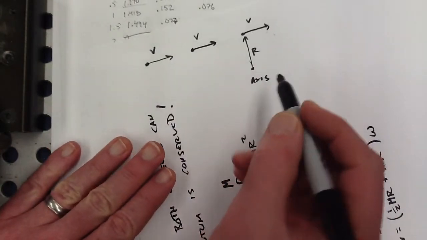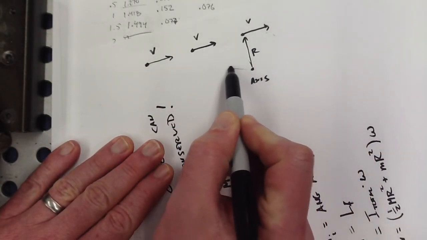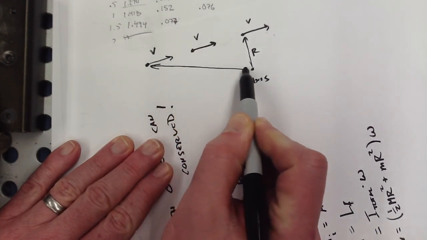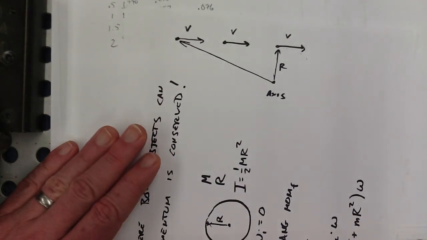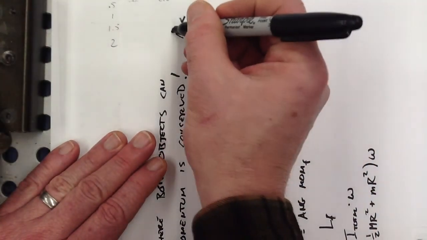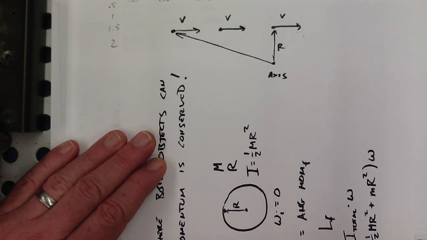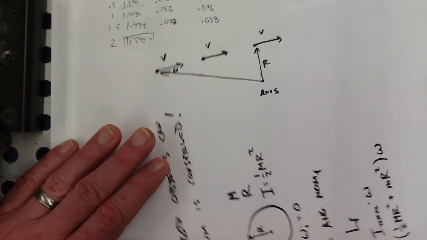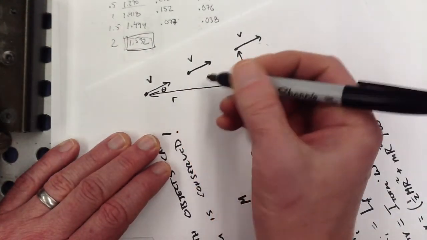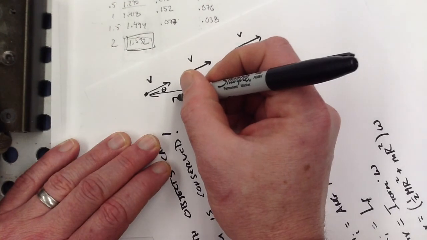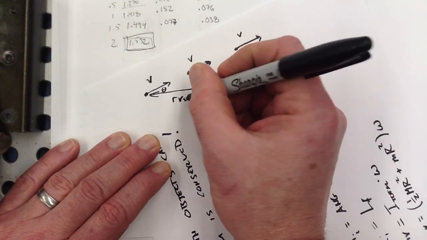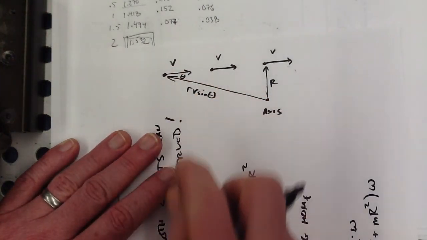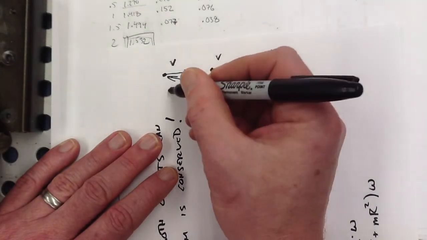That's the R of the merry-go-round. What's that? That would be the R when the kid's right here. And then what would the theta be? Well, the theta would be this. So this right here, R cross v would be RV sine theta, right? That's how I find the angular momentum here.